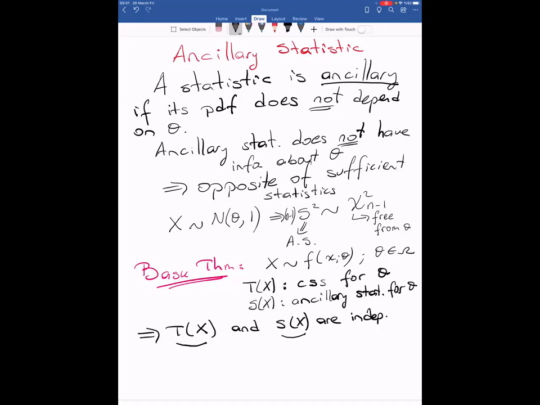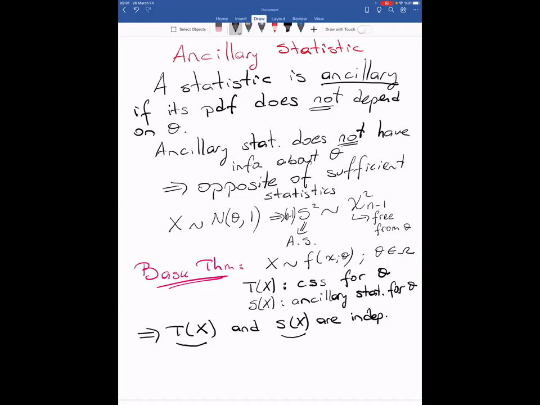This makes the calculations very easy sometimes. For example, for the normal distribution, we show that the sample mean and sample variance are independent based on Basu's theorem.